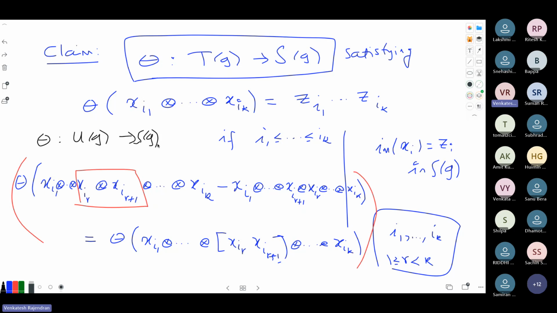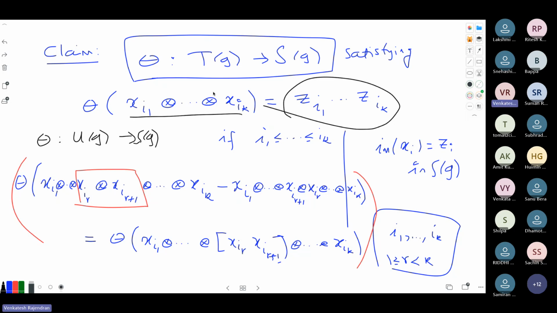Now, if you take this PBW type basis and look at the images of these words that come from the PBW basis, they will be mapped to these basis elements of SG from the construction. Because the image is linearly independent, the original set must be linearly independent.